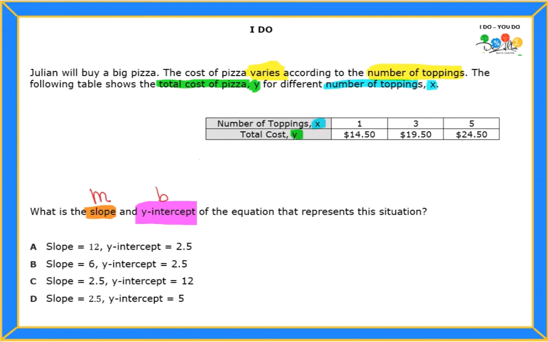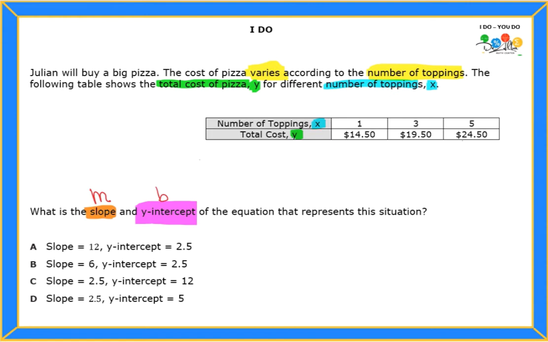Very good. So if you look at the table, it says that, for example, if you buy a pizza and you put one topping, the total cost for the pizza will be $14.50. But what happens if you actually ask to add 3 toppings? You're going to pay $19.50.